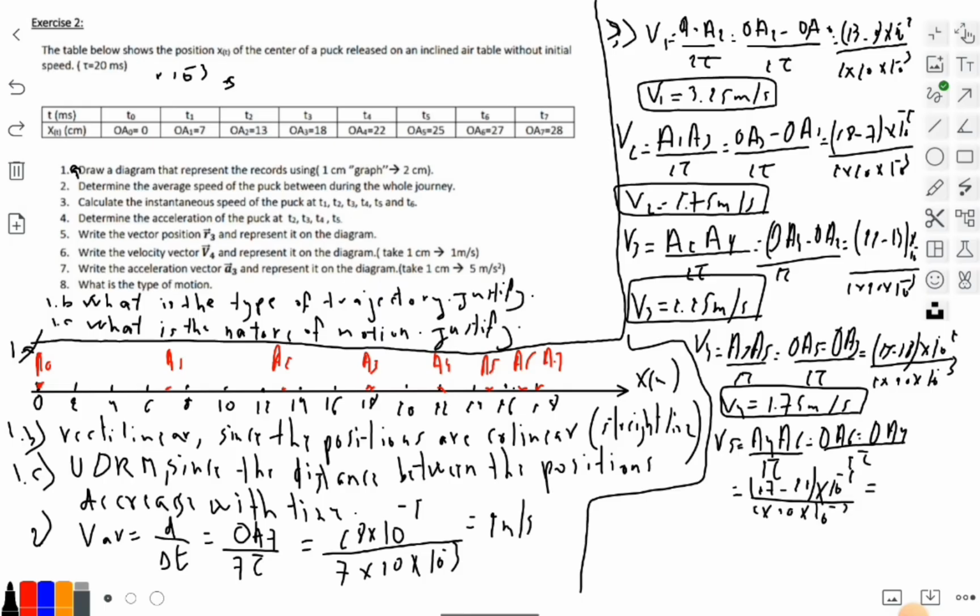It's equal to 1.25 meter per second. This is V5. So V5 equals 1.25 meter per second.